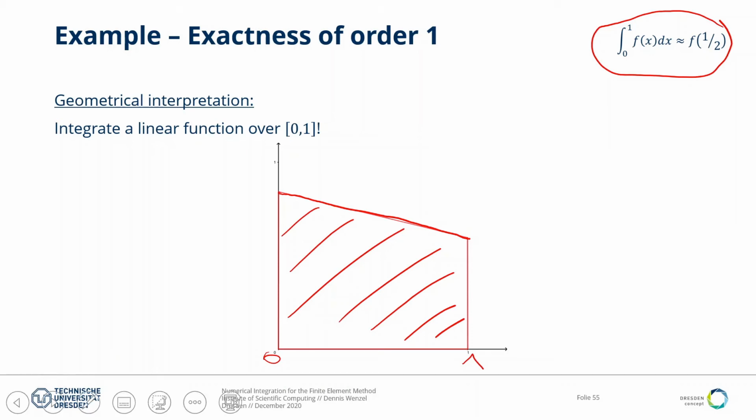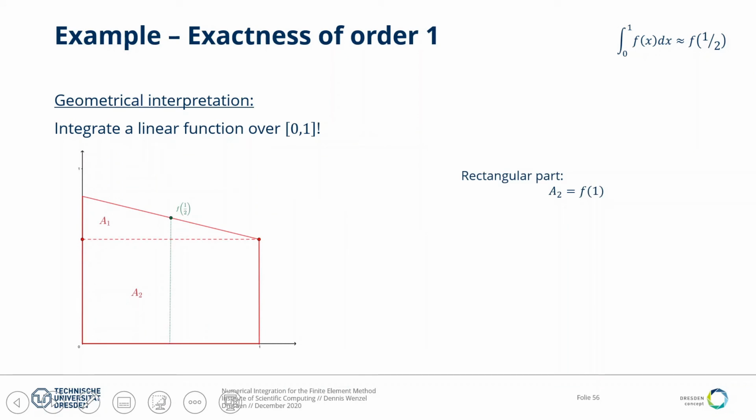Now let's try to do this. If you divide your area into two parts, you have a rectangular part down here and a triangular part up here. So the whole area is given as the sum of this triangle part and this rectangle part.